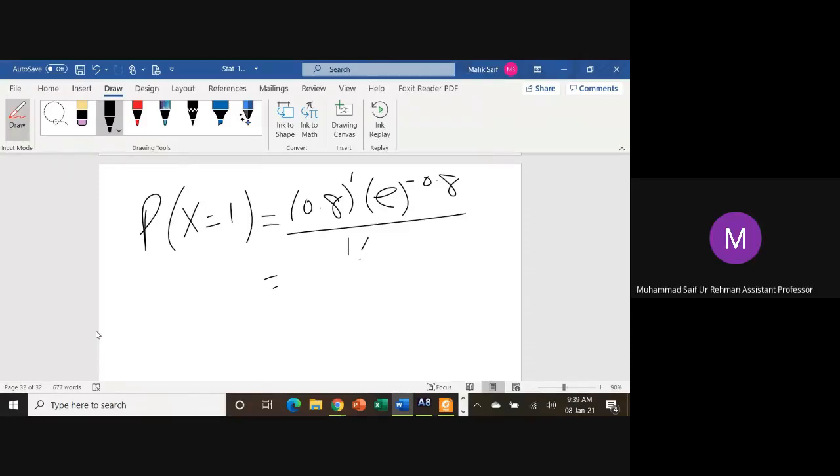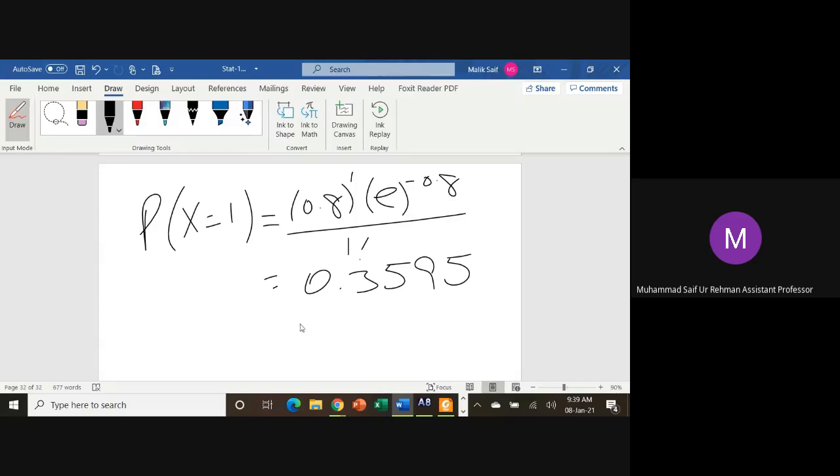So what are you doing? The answer is 0.3594, 95. 0.3595 when you round it off.